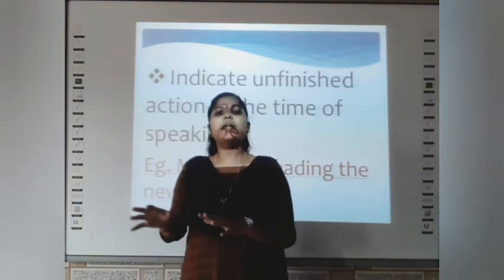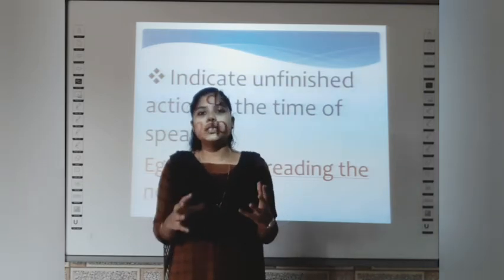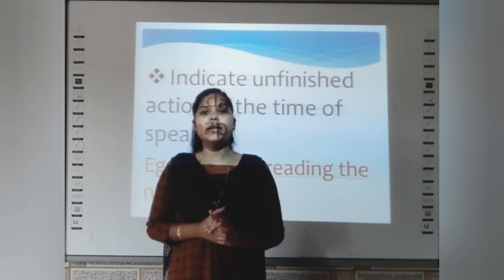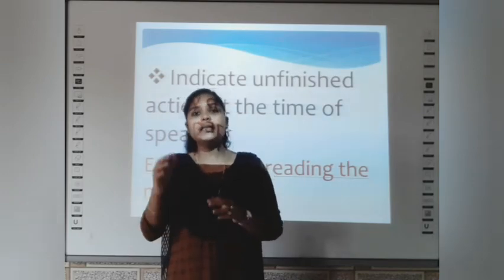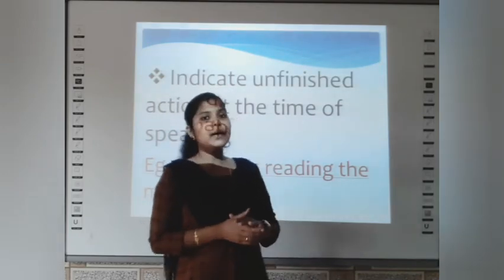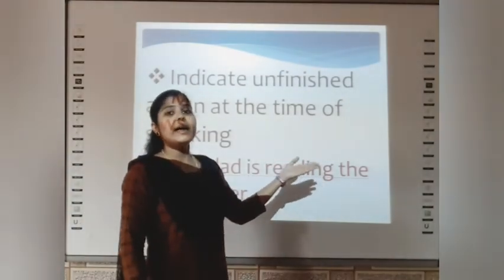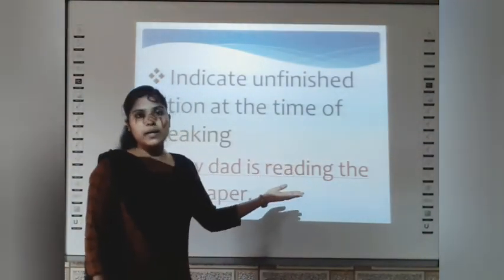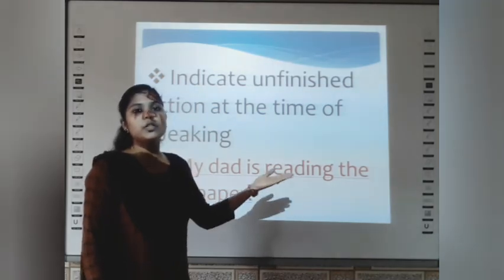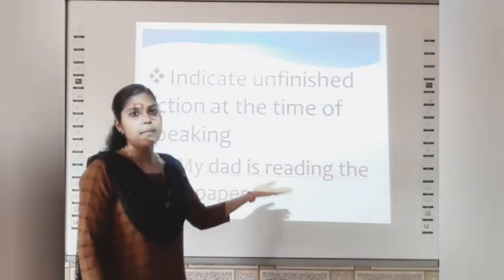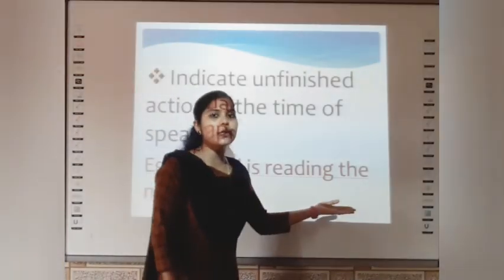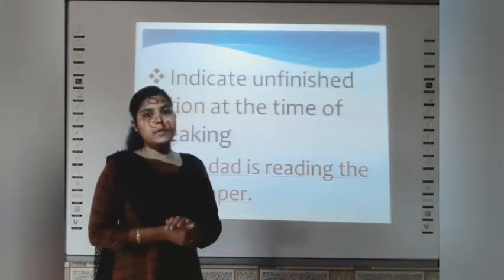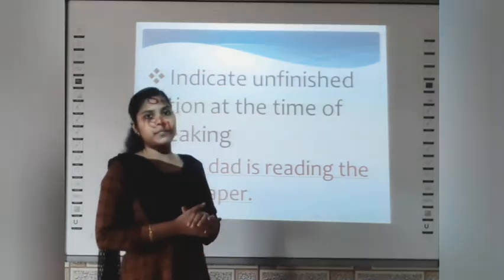Here, a girl or a boy is telling this to a friend, that my father is reading the newspaper. Here, reading refers to the action continuing. Am I right? The action did not get over. He hasn't stopped reading the newspaper. It's a continuous process.